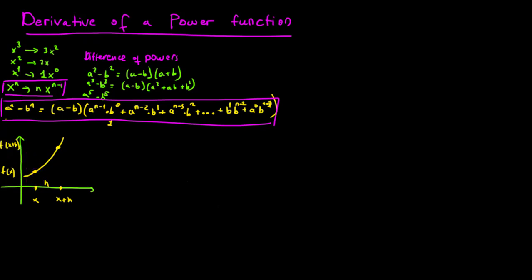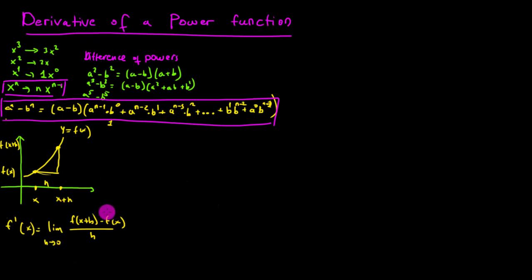So the derivative of this one, you know, f prime of x is equal to the limit as h approaches 0 of f of x plus h minus f of x, divided by h. Yeah, this is your formula.